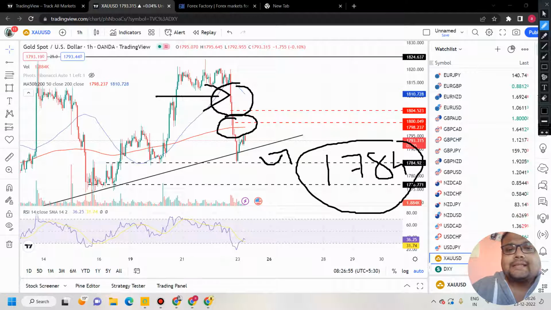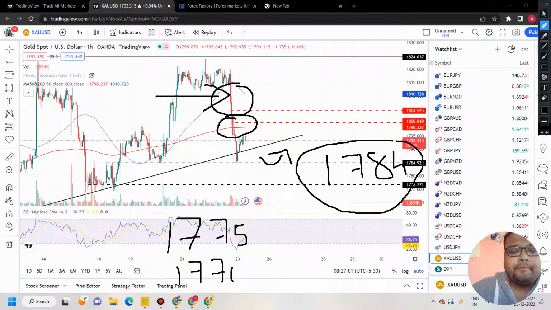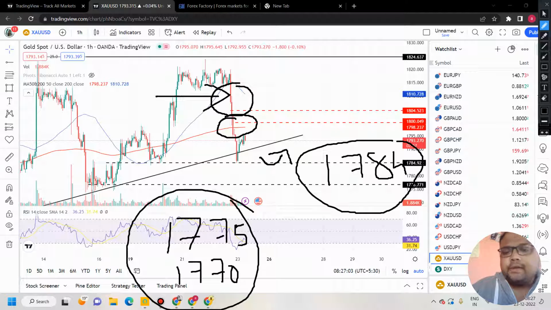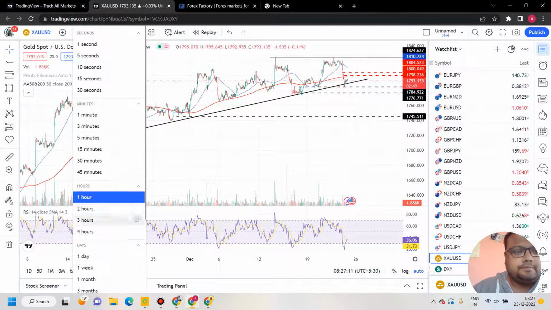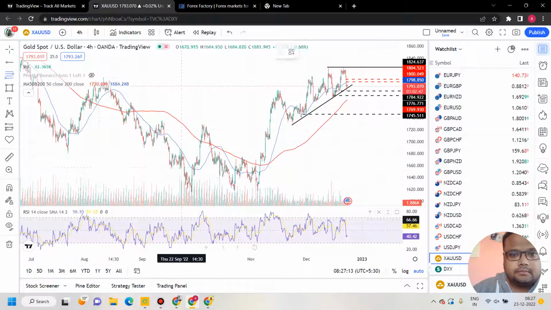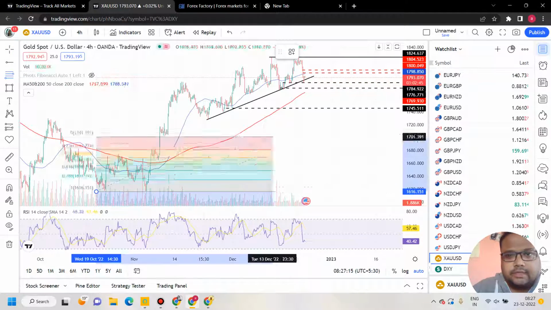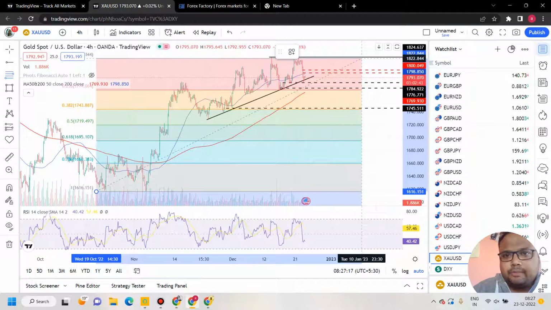And the next support on the chart of gold will be around the 1775 to 1770 level. To be honest, the only proper support on the chart of gold is 1775 to 1770 level. And the reason is, see, this is the Fibonacci. In fact, I have already shown it in my previous video.